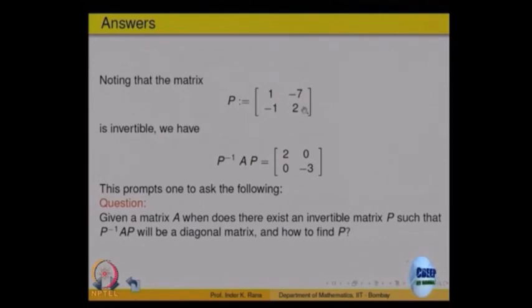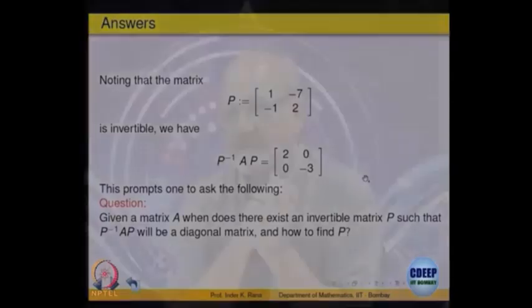The matrix formed by them is invertible, and as a result I got P inverse A P equal to a diagonal matrix. So, this is a process by which I am able to find the diagonal entries for that given matrix A, and I am able to find the matrix P such that this property holds. Is that okay?